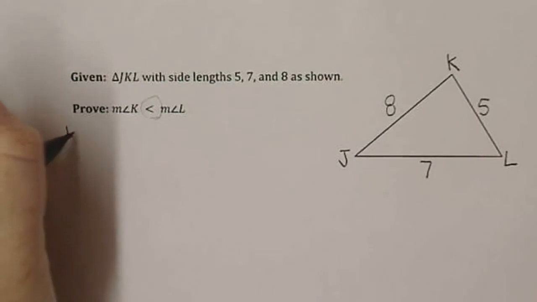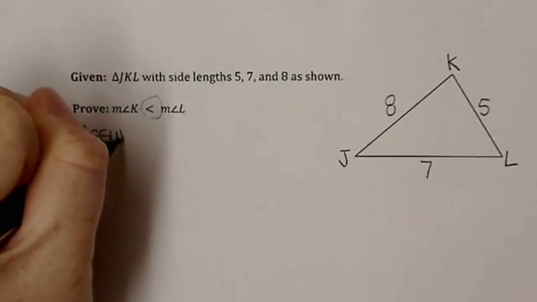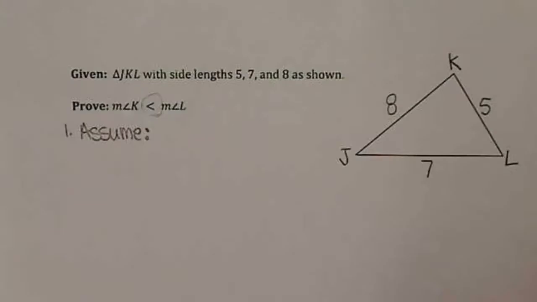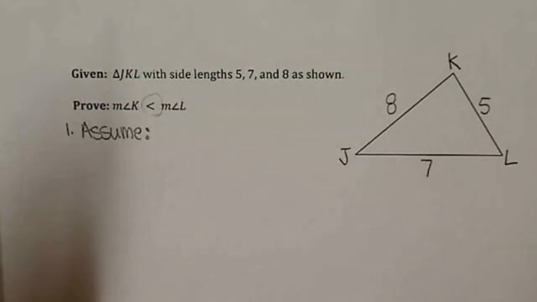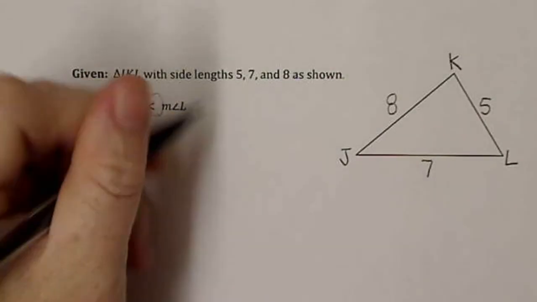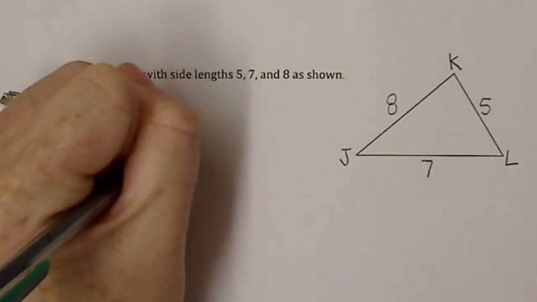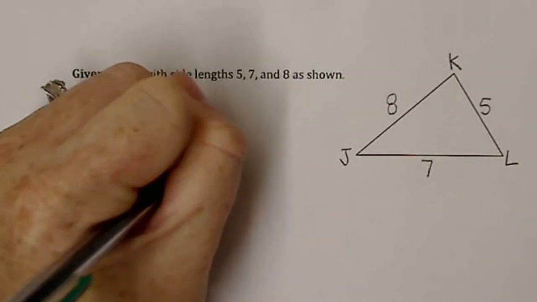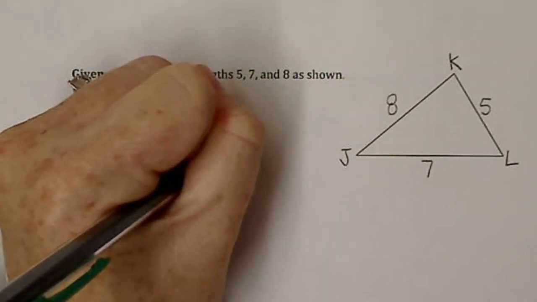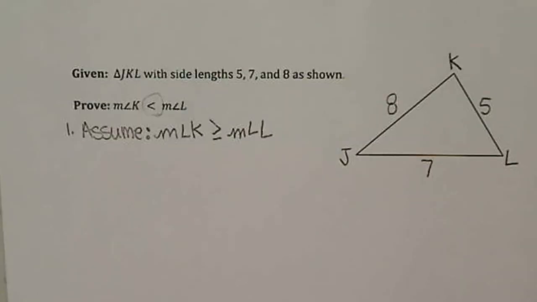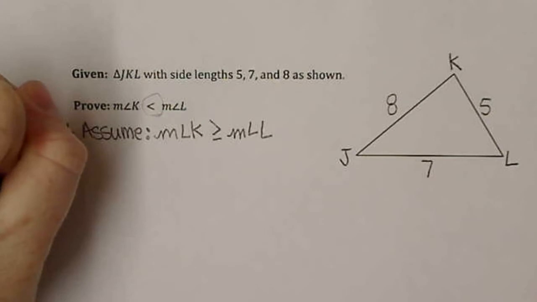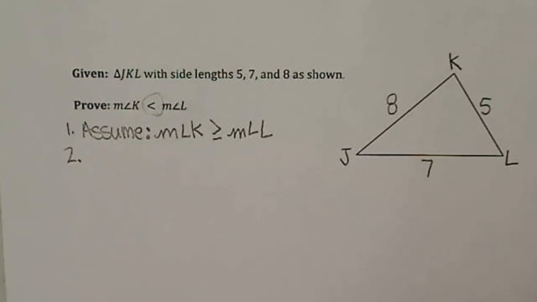So, step 1 is make an assumption. Assume the opposite. We want to prove that it's less than, so let's assume that it's greater than. Assume the measure of angle K is greater than or equal to the measure of angle L. Step 2 is use logical reasoning.